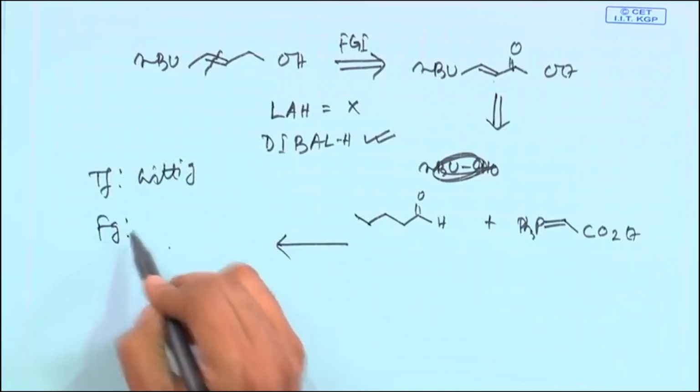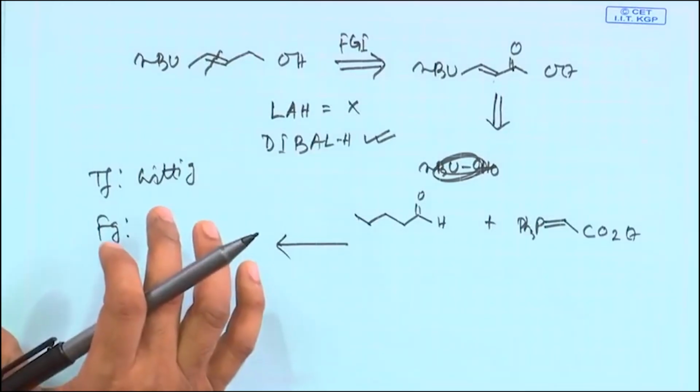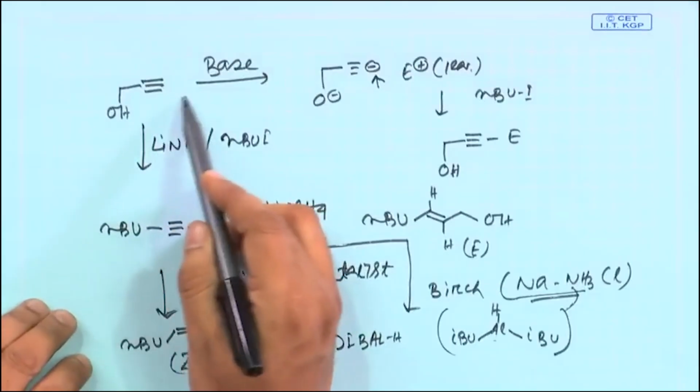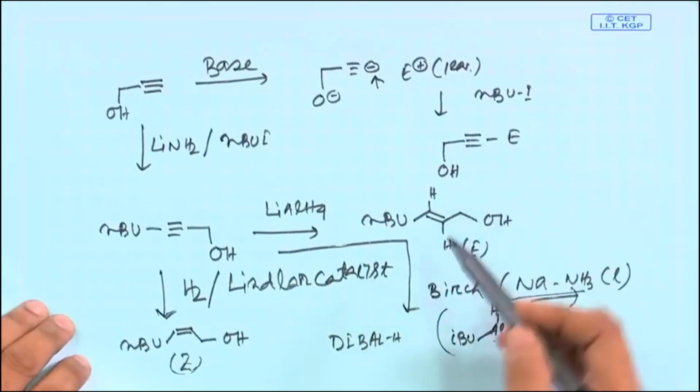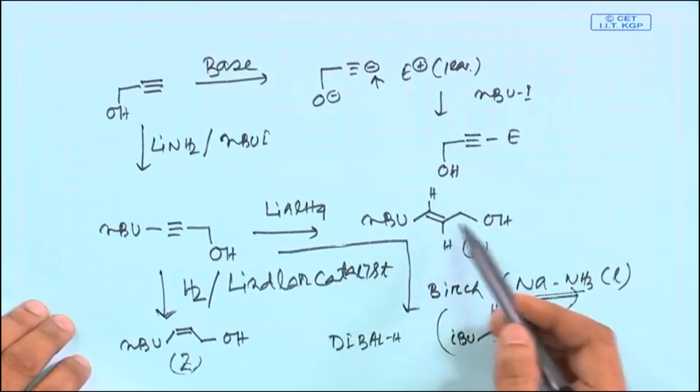Functional group based approach: you can start with propargyl alcohol, do a simple propargyl based coupling, then you can react with an electrophile, then you can reduce the triple bond to the double bond. So, it is basically a combination of different reagents, different functional groups and different strategies all together.